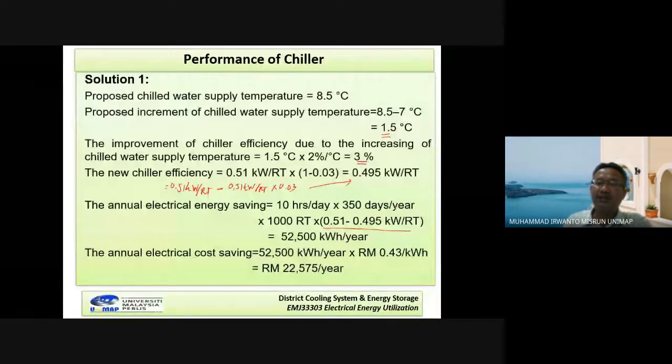So we obtain the electrical energy saving in 1 year.